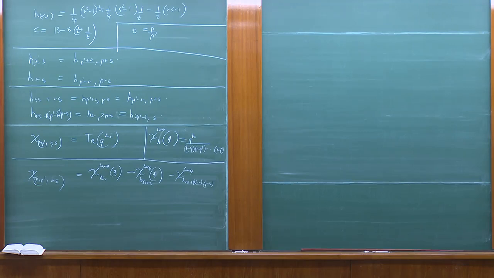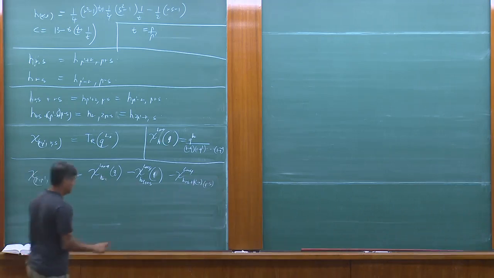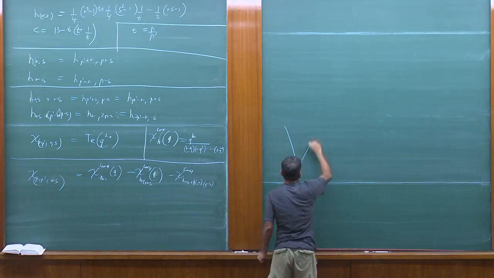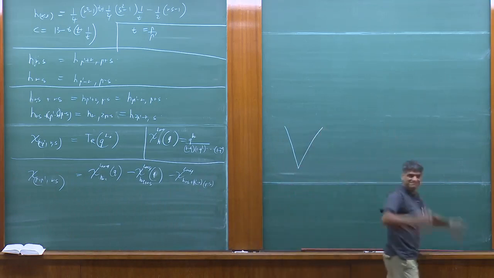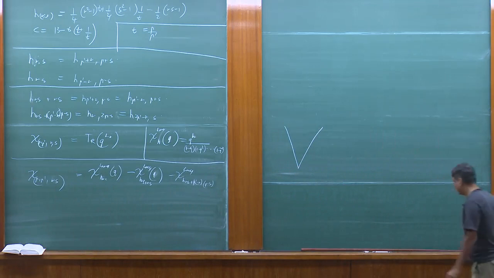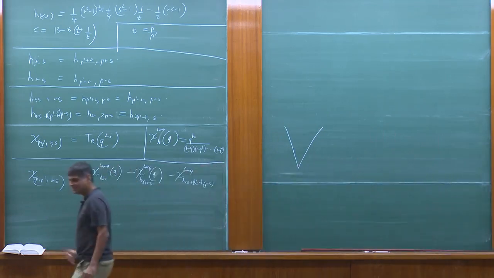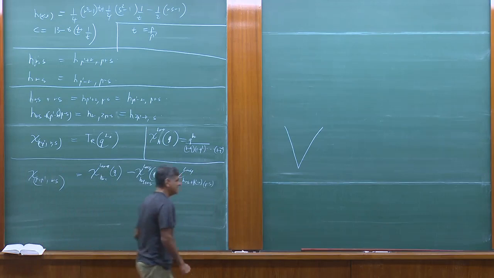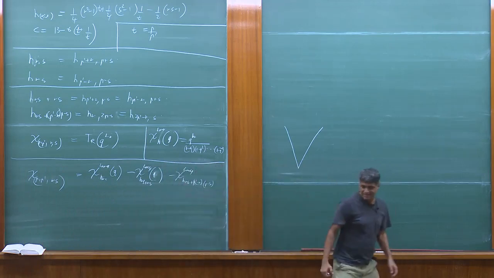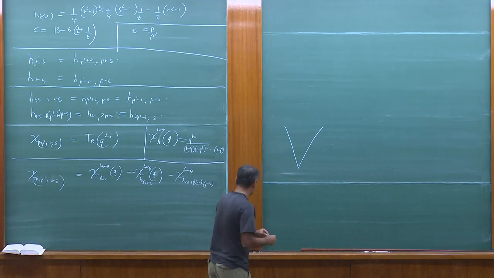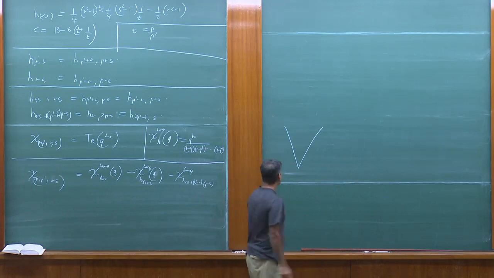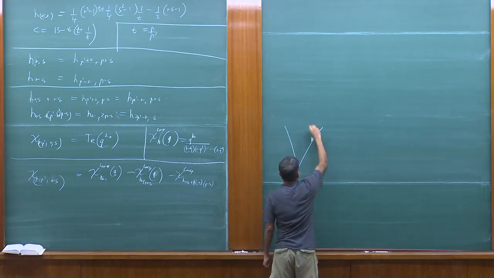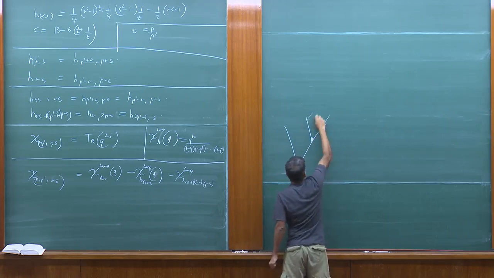Sorry, first, is this clear? Let me say it again. Let me draw a diagram. That will make it clear. Suppose I had this module. Now suppose this guy had a null state here, and it looked like this.